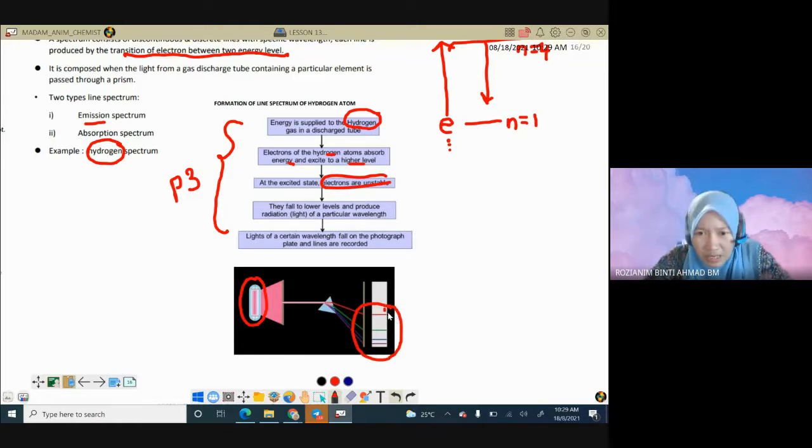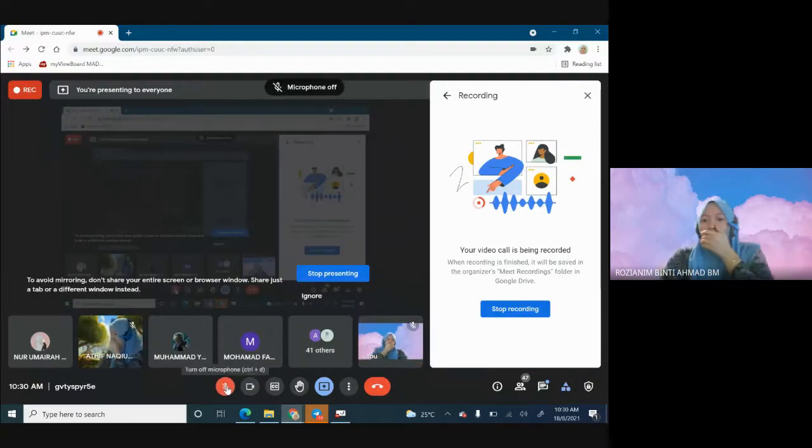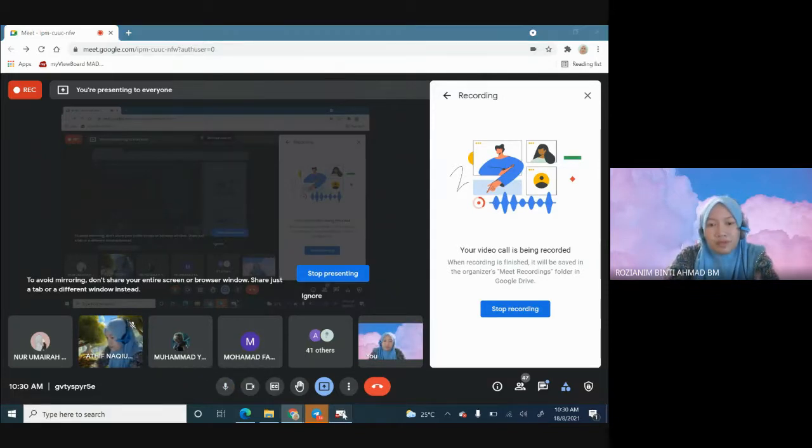Inilah photon yang kita trace dalam bentuk line spectrum. So kalau kita tengok, this line spectrum terhasil color, nampak daripada warna purple, biru, green and red. So maksudnya warna merah ini ada nilai wavelengthnya tersendiri. Sorry.